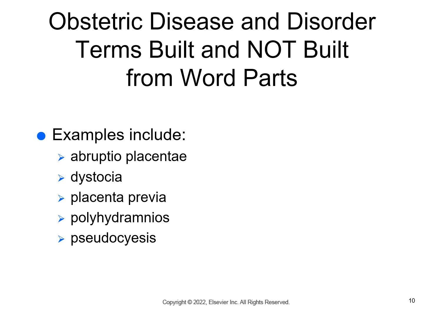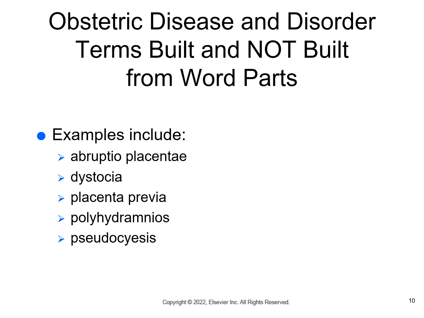Yes, we can. Dys means difficult, and tocia means labor, so this is difficult labor. Placenta previa is an abnormally low implantation of the placenta on the uterine wall that is completely or partially covering the cervix. This one is, of course, not built from word parts because it doesn't define specifically.